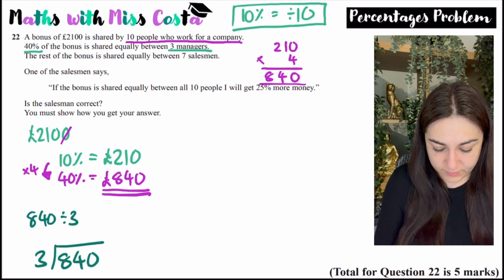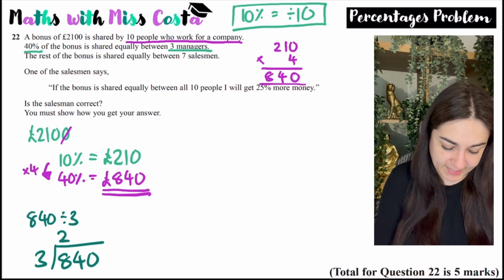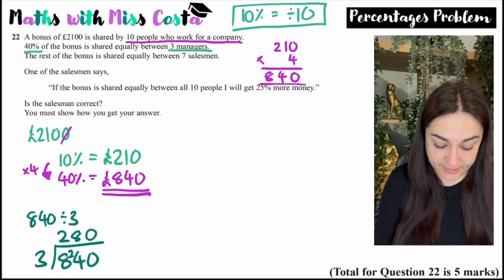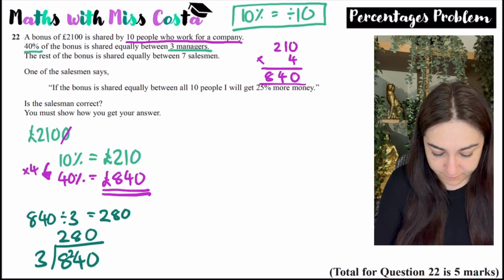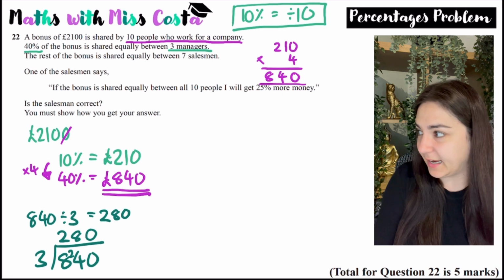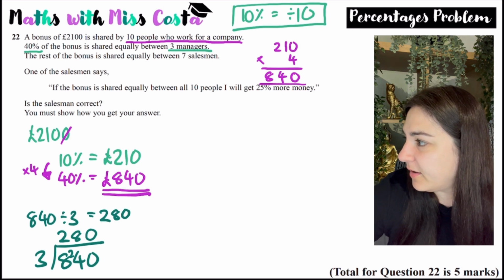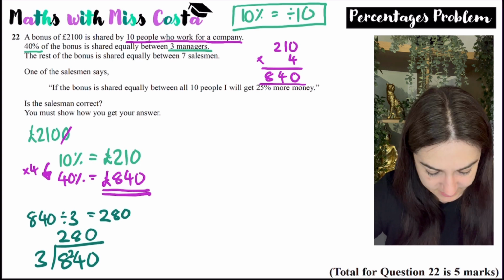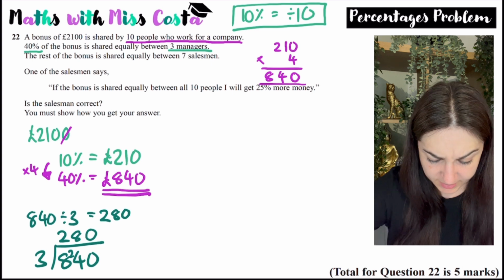So 840 divided by 3, 3's into 8 go twice, remainder 2, 3's into 24 go 8, and 3's into 0 goes 0. So 840 divided by 3 is 280. So then I know that each manager gets £280.